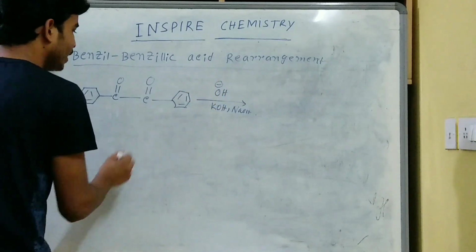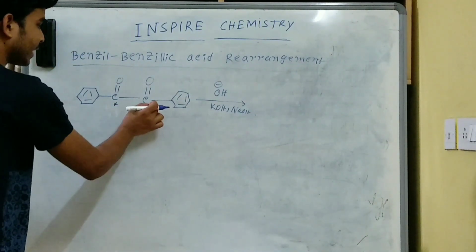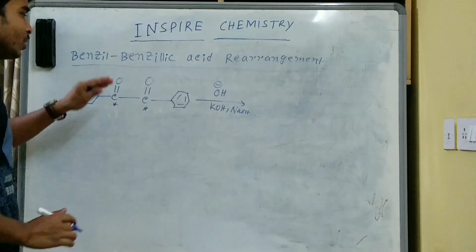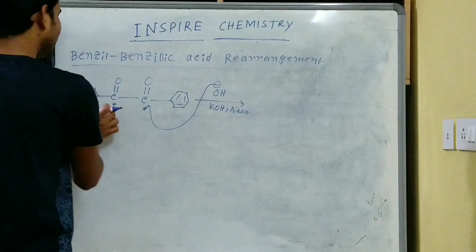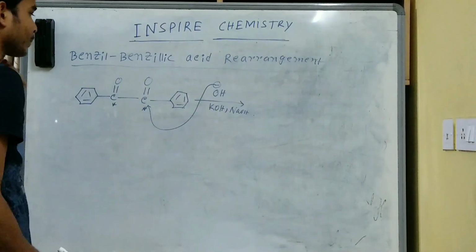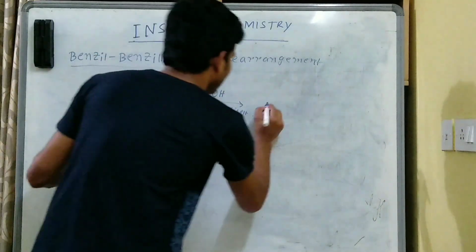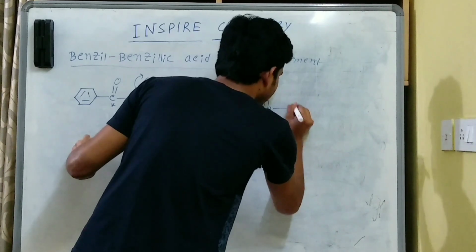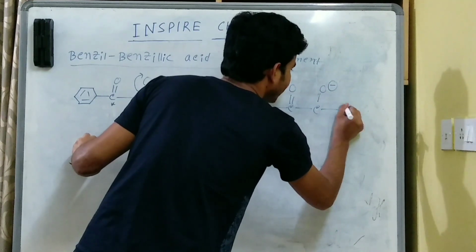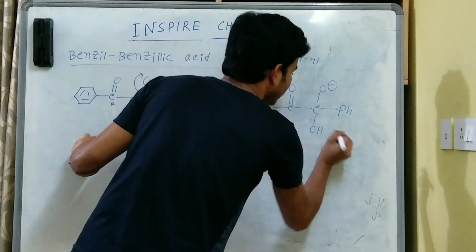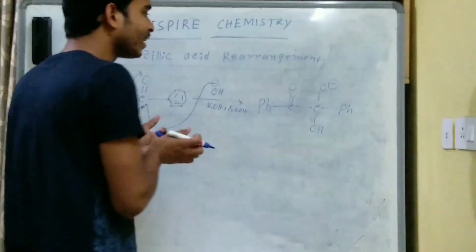So here this base will attack this side or this side, because this carbonyl center, the keto center, is very electrophilic. It wants to undergo nucleophilic attack. The two sides are equivalent. When it attacks, the C=O bond releases, so I write PhC=O, then C with O negative, Ph, and OH. After this, one rearrangement takes place.